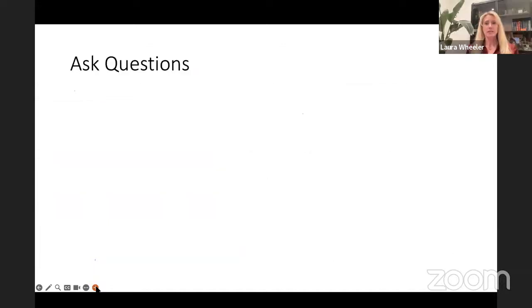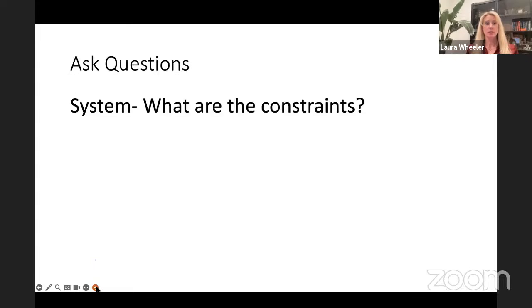The next stage of the engineering design process is where we get to ask questions. So when we ask questions in engineering, one of those questions might be, what are the constraints on the system?